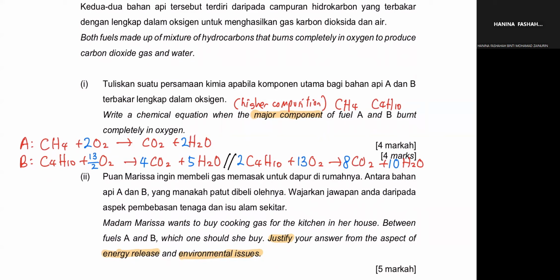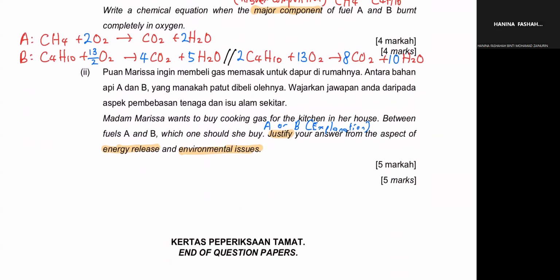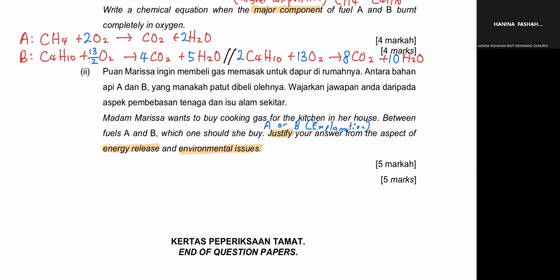So based on this, justify again. You can choose either A or B, but you have to give an explanation. If you choose A, give explanation. If you choose B, give explanation. Why? Now this is a part. If finish on top, finish.